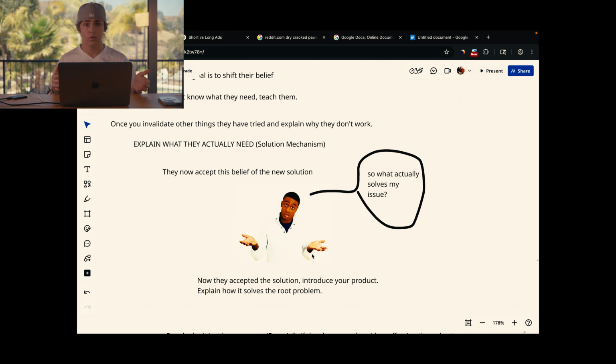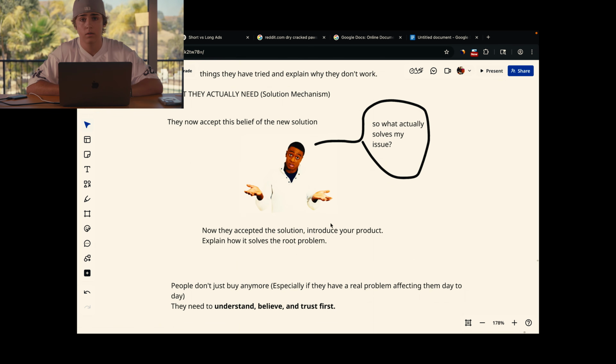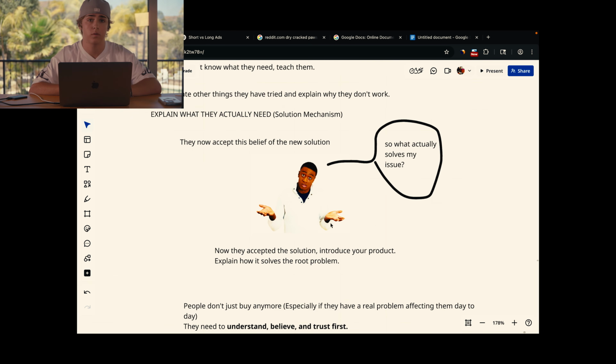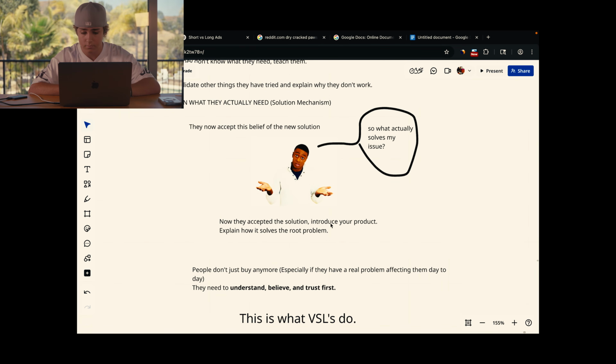If you're writing a personal story ad for this product specifically, you want to say something along the lines of, I went to the dog park, I was talking to my friend about this problem, and she had told me that this product worked for her called blah, blah, blah, whatever your product name is, and that is a natural introduction to your product. So once you introduce the product, you want to start explaining how it solves the root problem and how your product is their perfect solution.